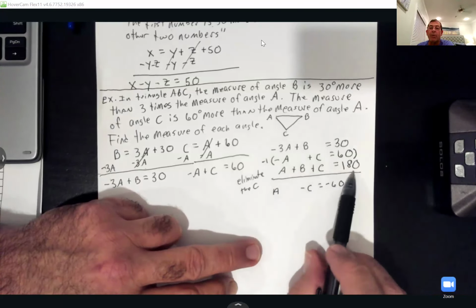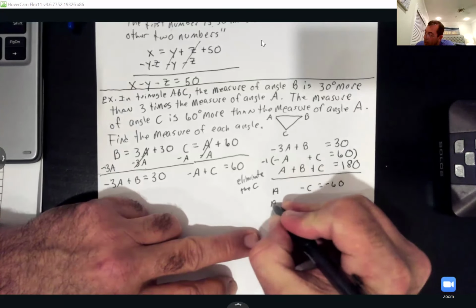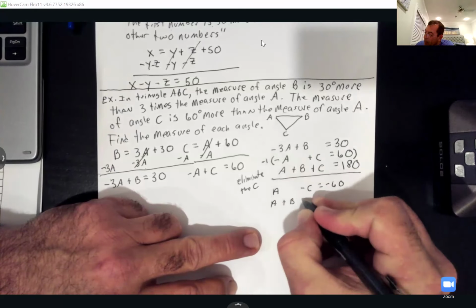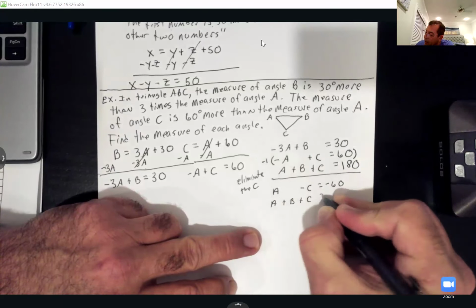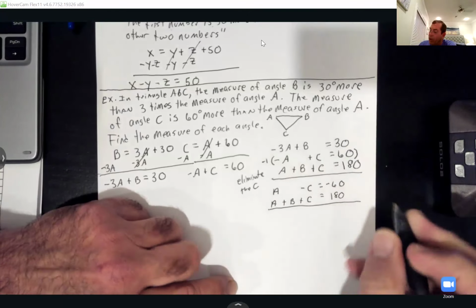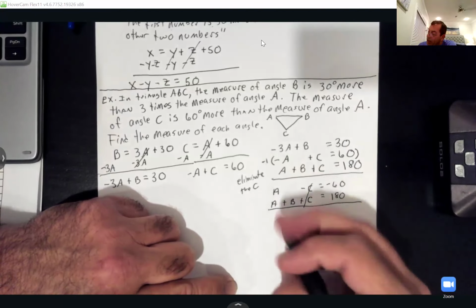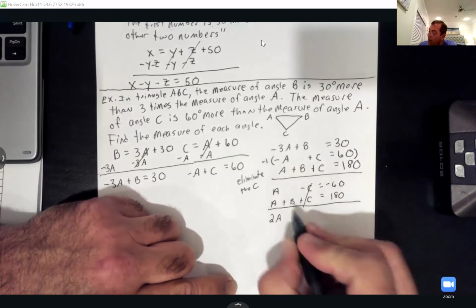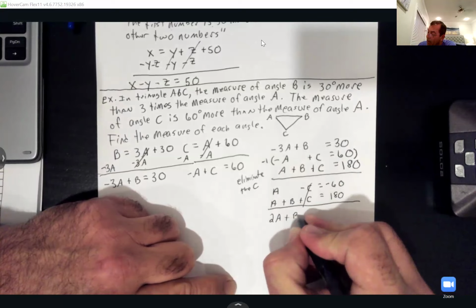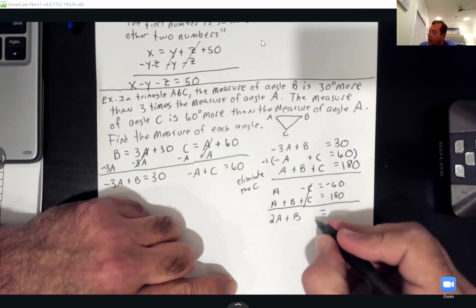Now this one, I'm just going to bring it down because I don't have to change that row. So that was A plus B plus C equaled 180. So y'all look here, the C's are now canceled. A plus A is 2A plus a B. That's going to equal 180 minus 60, which is 120.